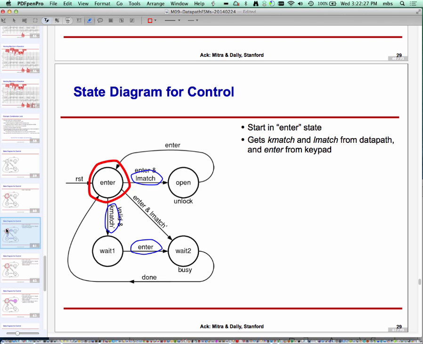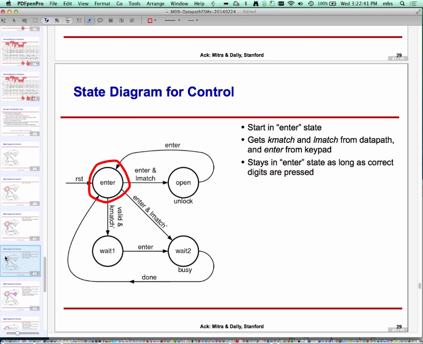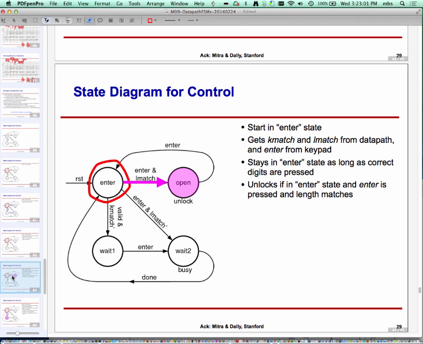So the data path is giving me a couple of status signals. One is called key match, K match, and L match, and it's also getting an enter from the keypad. It stays in the enter state as long as correct digits are being pressed. So the user is pressing the keys, and as long as it is pressing the keys correctly, it stays put out there. It unlocks if it is in the enter state and enter is pressed and the length matches.